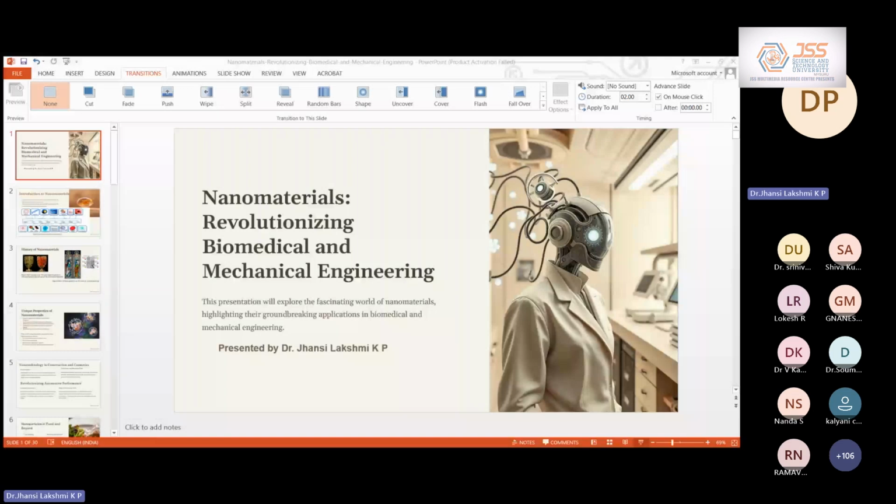These nanoparticles are very lightweight in structure and very strong in nature. And these are QDs, the quantum dots, which are of a size of 1 to 5 nanometers. And these are gold nanoparticles, AuNPs. These nanoparticles are widely used in biomedical, electronic and mechanical appliances.